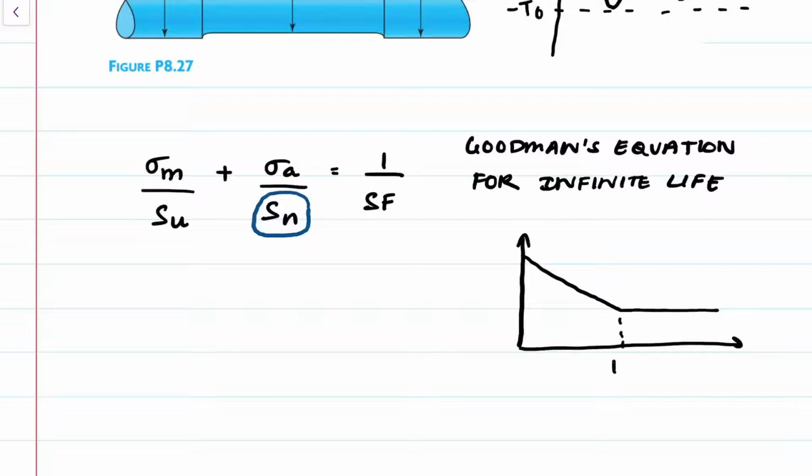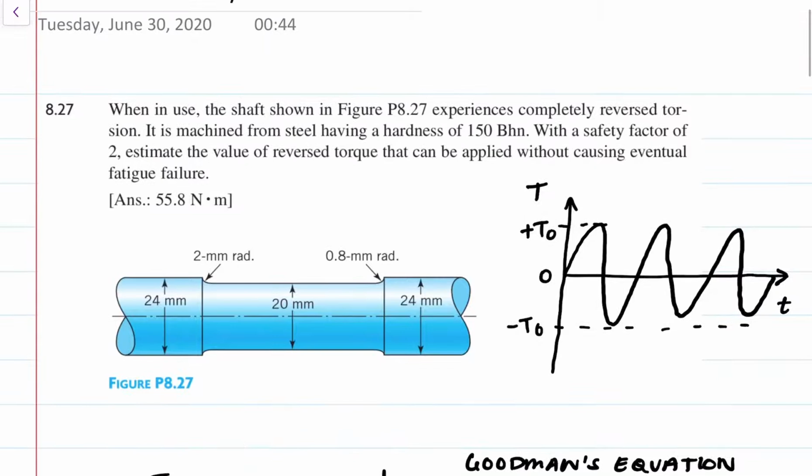So this is your 10 to the 6 and this value here is Sn. So in this case it says we want to estimate the value of the reverse torque that can be applied without causing eventual fatigue failure. So that basically means infinite life. So that is why we will use that version of the Goodman's equation.